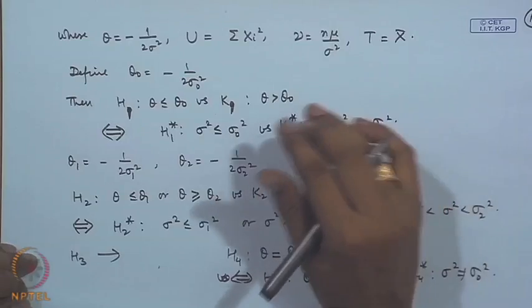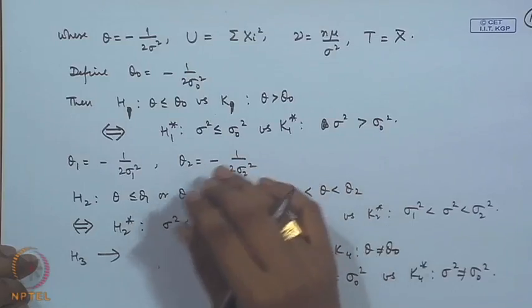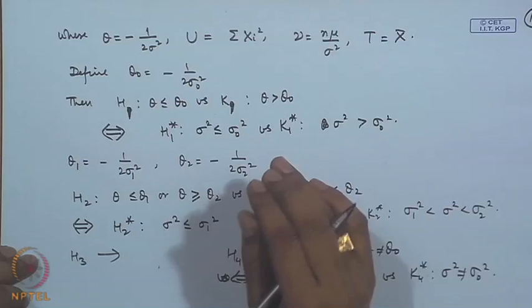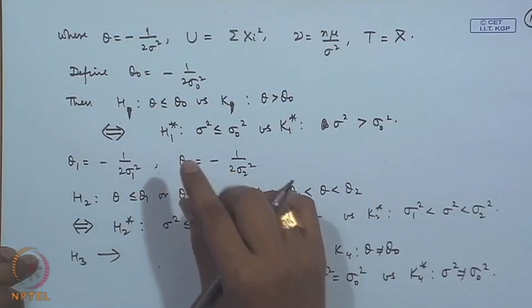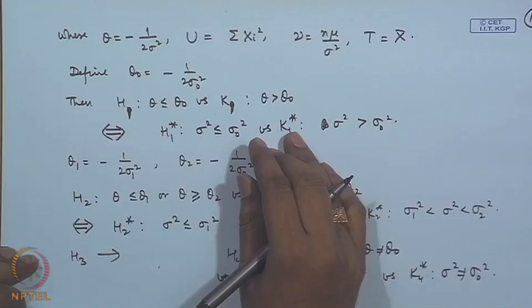So, in the following lecture, I will be doing this work in detail, that is how to define this function w equal to h of u, t. I will consider it for the H 1 versus K 1 problem, and that will be applicable for H 2 versus K 2. It will also be applicable to H 3 versus K 3.